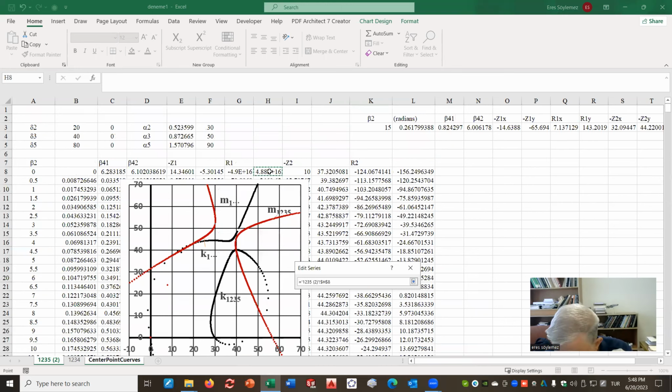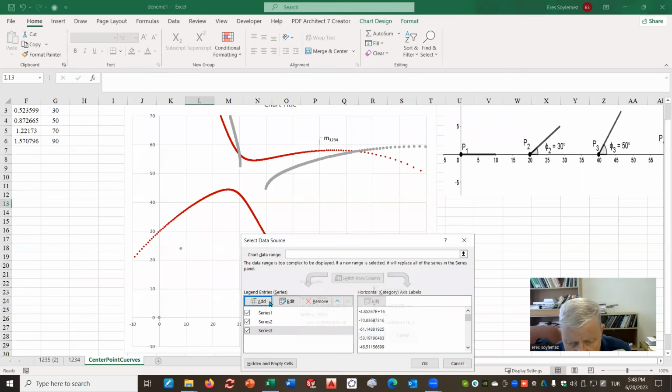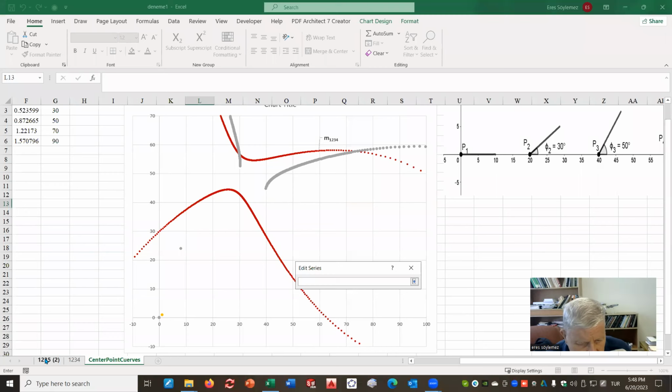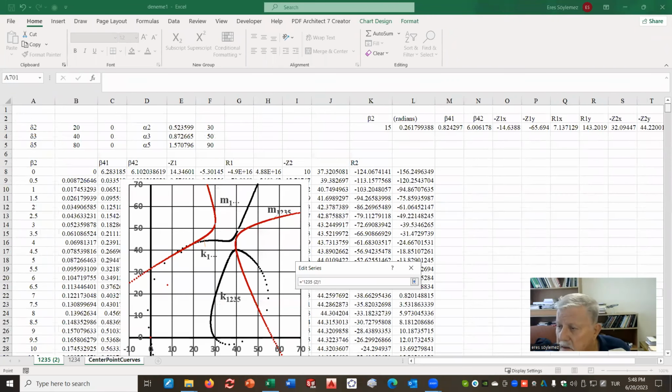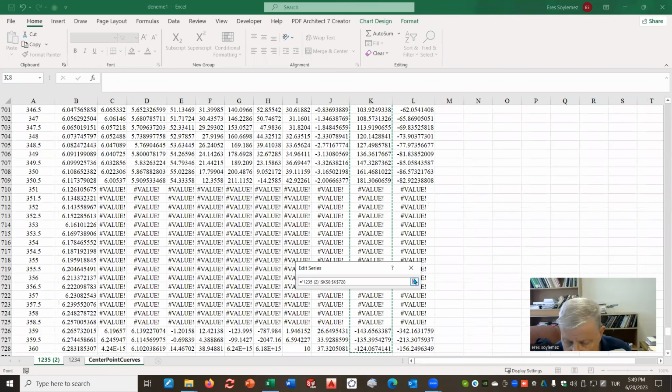Y component, Control Shift Enter. Add 1, 2, 3, 5. Control Shift Enter. Control Shift Enter. Here we are.